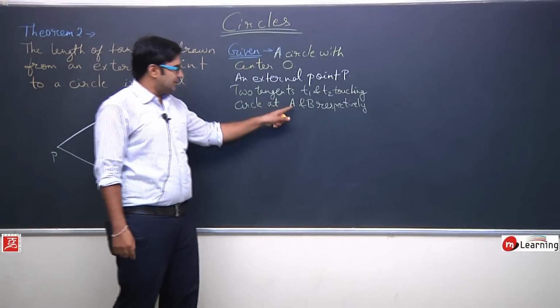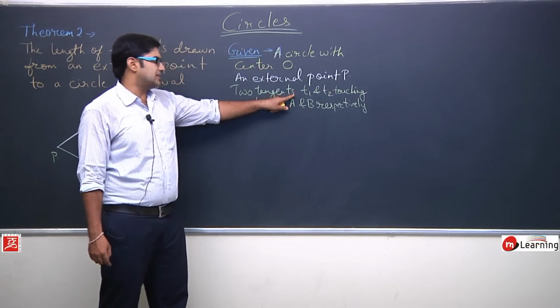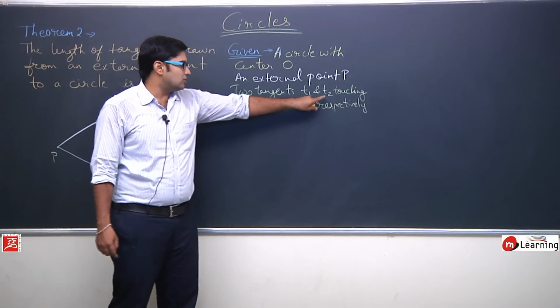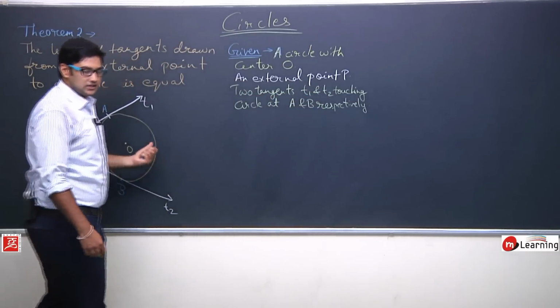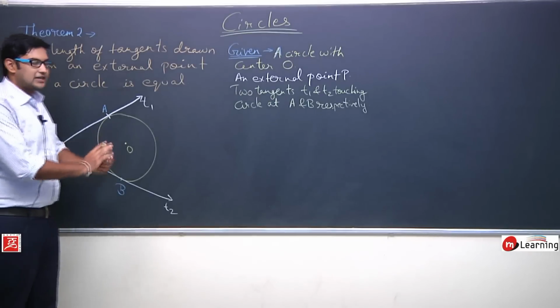Respectively means that A is the point of contact for this T1 tangent and B is the point of contact for this T2 tangent with the circle. Okay, so this is the given condition.